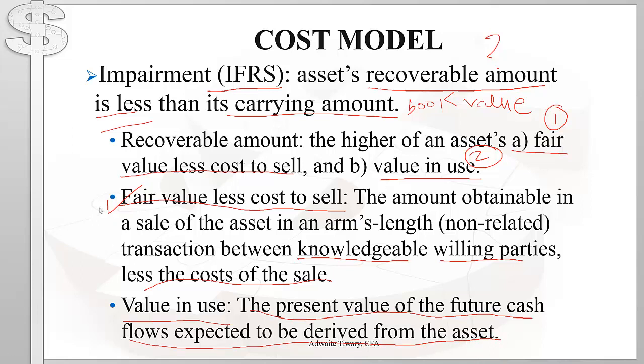Let's say the fair value less cost to sell was $100 and the value in use was $80, and the amount on the balance sheet for this asset was $150. Since the higher of these two is the fair value less cost to sell, and this is less than the carrying amount, the asset will be said to be impaired.